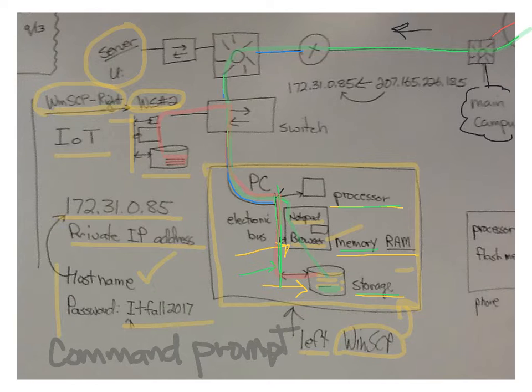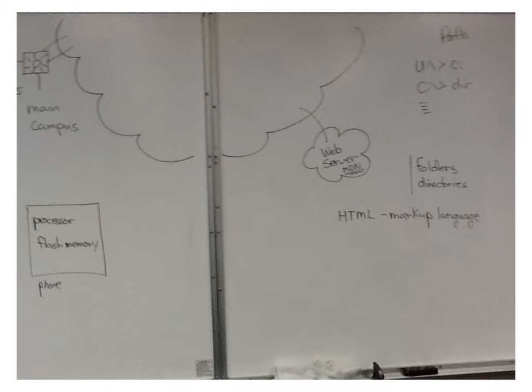And if you were going to access it from the internet, you would use this address instead of this one. That is the public address. That's the public address, and this one was the private address. So you could use this via the internet. And I'll show you that here before we finish up. We're almost done. Okay?